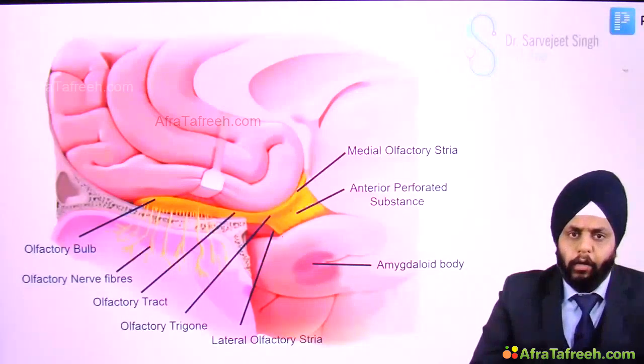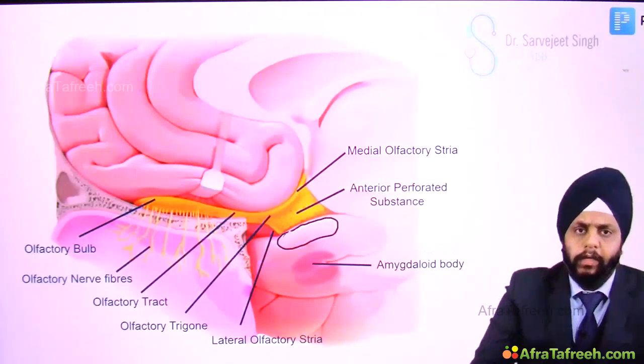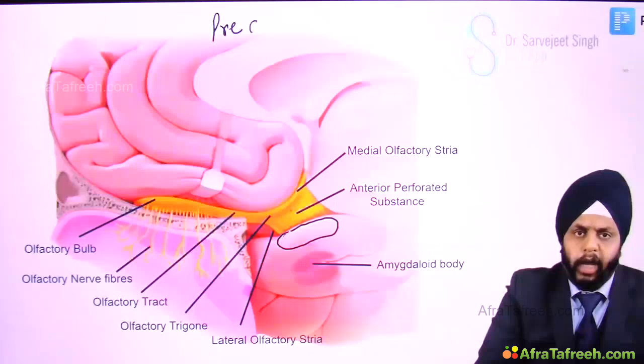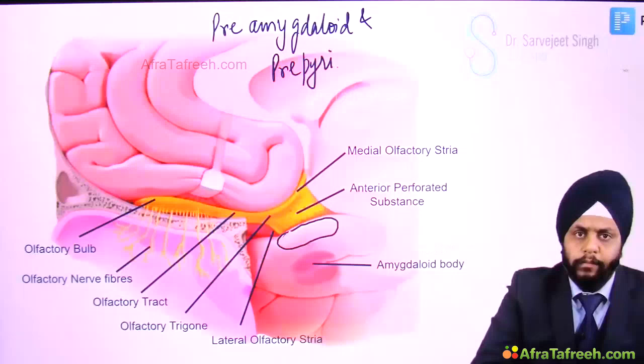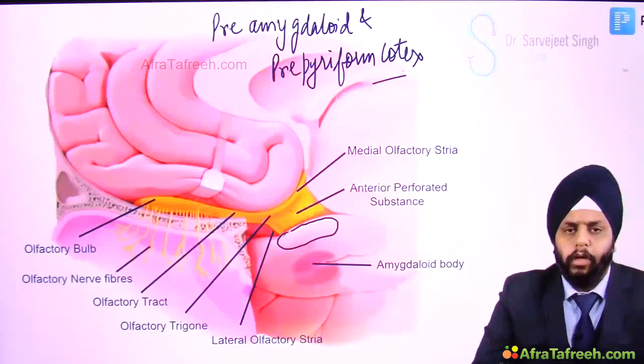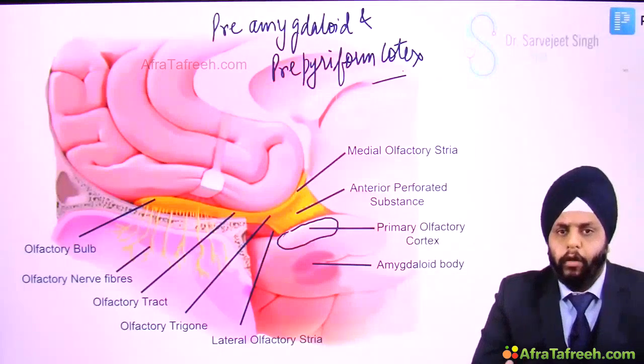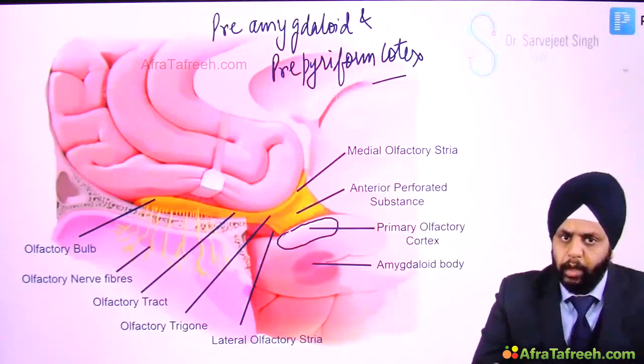So this area over here is the pre-amygdaloid and pre-pyriform cortex, and we also call it the primary olfactory cortex. Right?